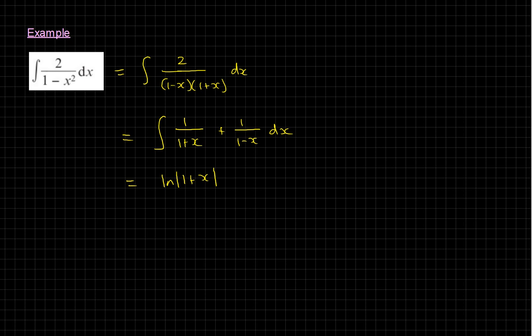Second one, so the derivative of the bottom is minus 1, but at the top I've got 1, therefore I have to multiply by minus 1. So it'll be minus 1 times ln of the bottom. There we go. And then taking away 2 logs, and we end up with this, which is quite nice looking actually. Plus C.